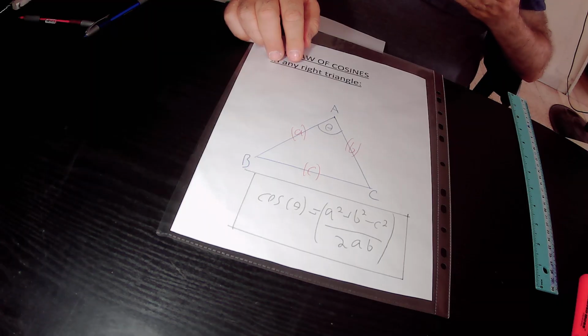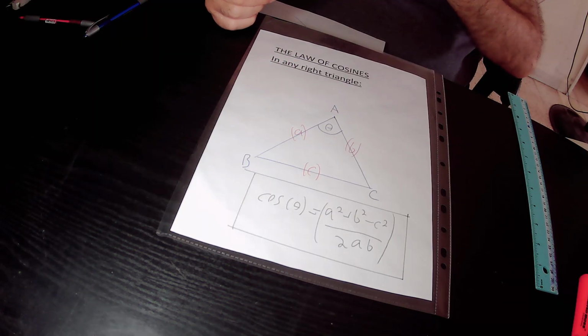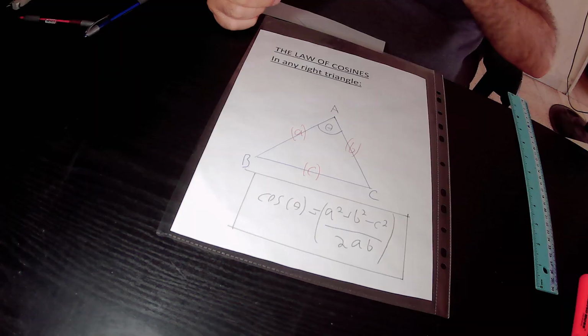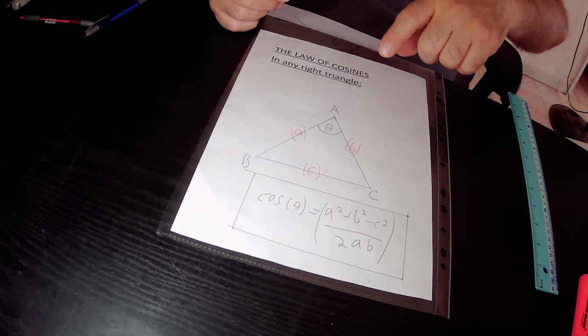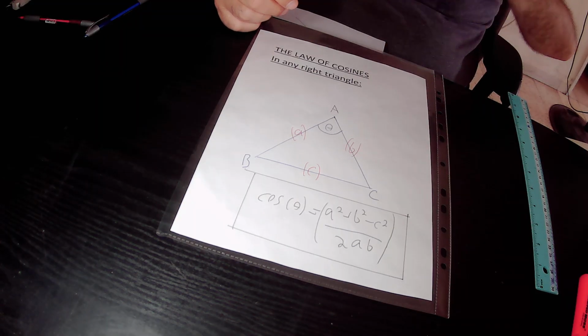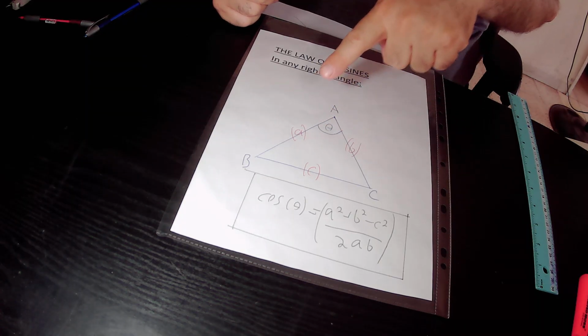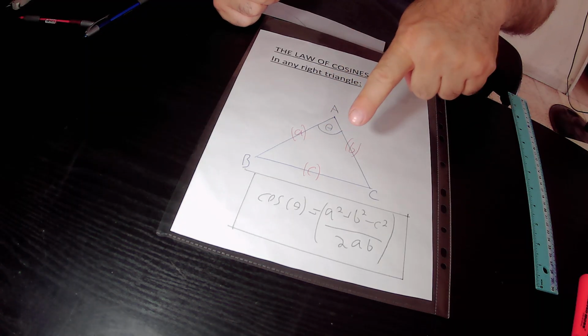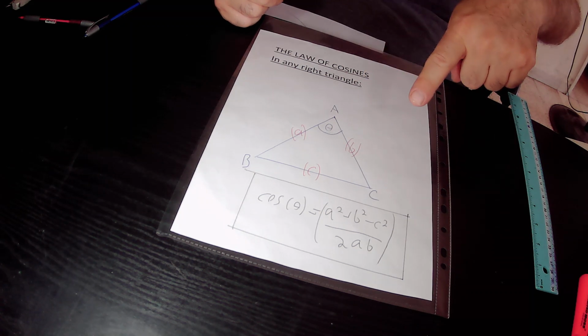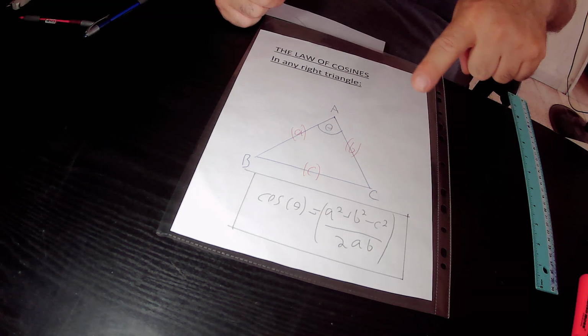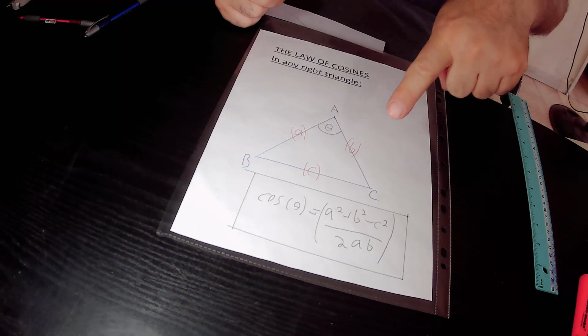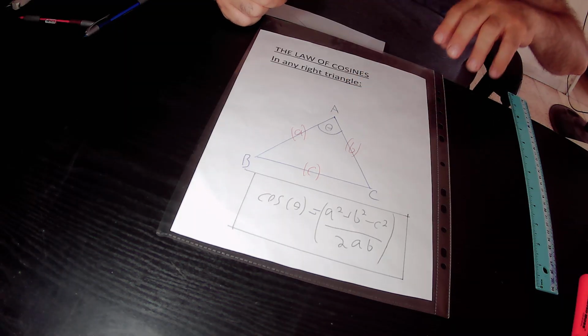So according to the law of cosines, in this triangle ABC that could be any triangle, the following equation is true: cosine theta equals a squared plus b squared minus c squared over 2 times a times b. Again, cosine theta equals a squared plus b squared minus c squared over 2 times a times b.